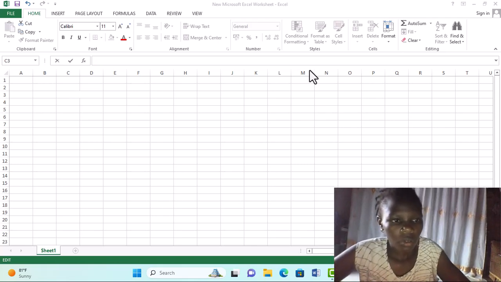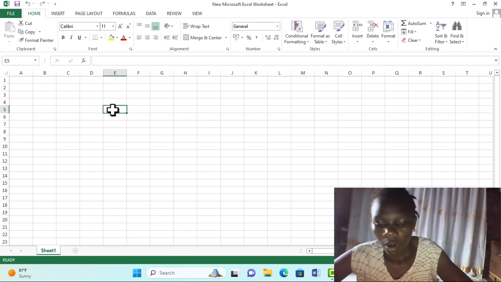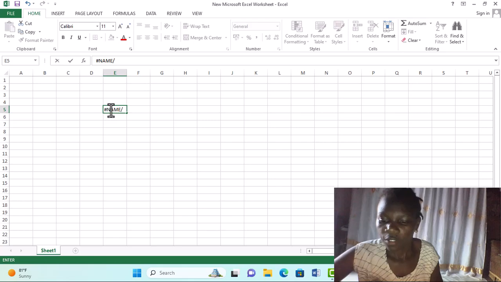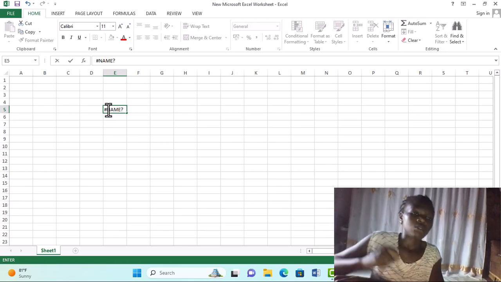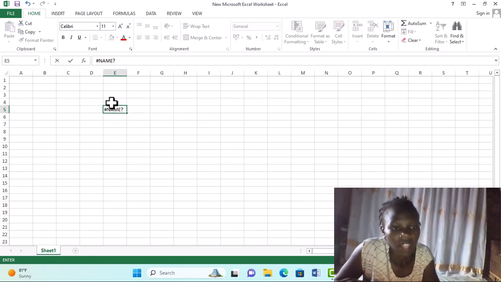There is also this one. It's always hash name, with a question mark. When you find something looking like this, hash name question mark means that we cannot find the formula or the name of something you're referring to.